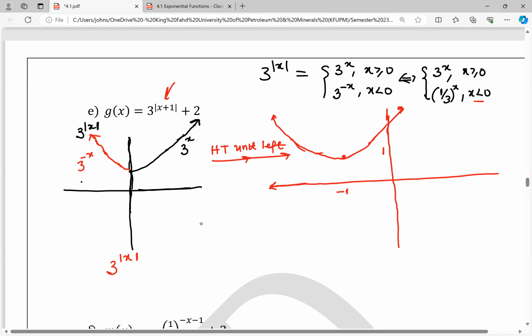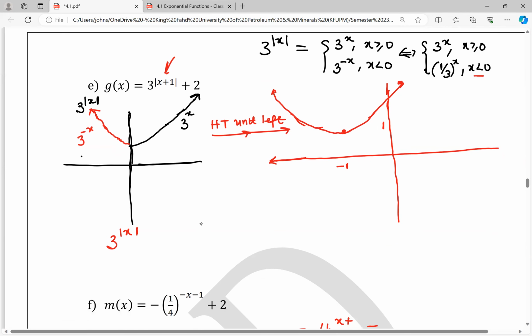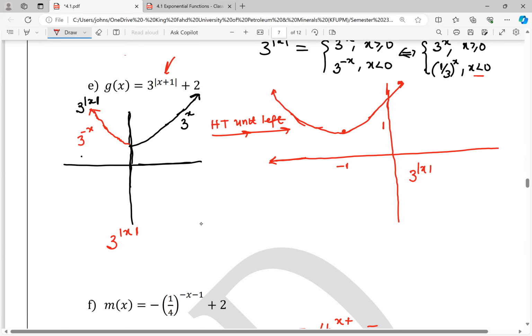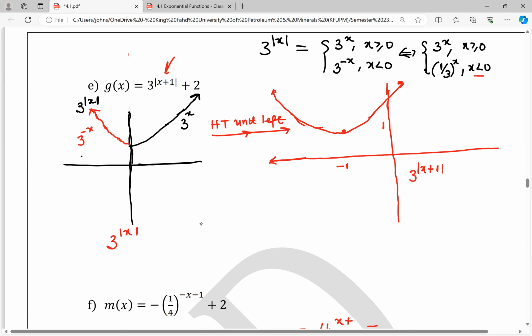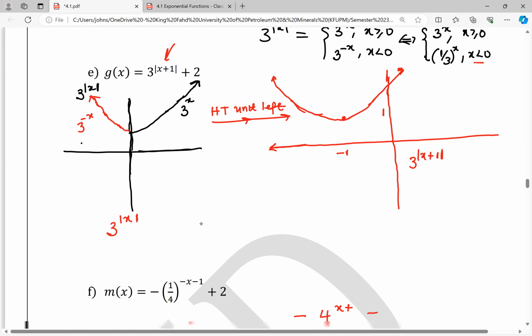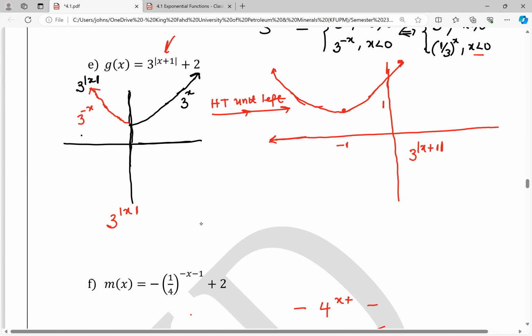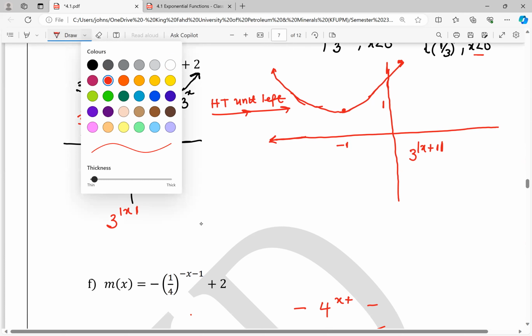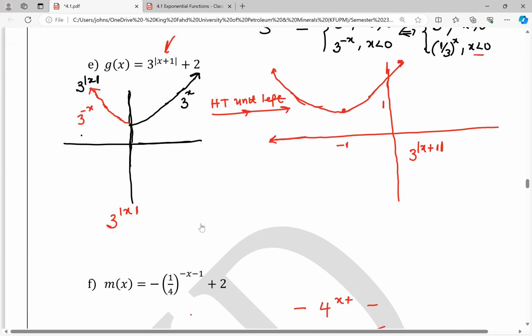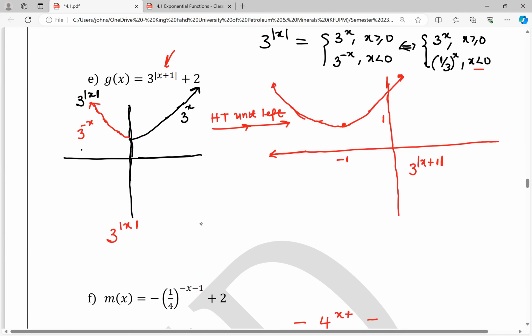But we still need to go plus 2. It means we need to move everything 2 units upward. This is roughly our 3^|x+1|. Now, to get the final graph, the y values need to go 2 units up.